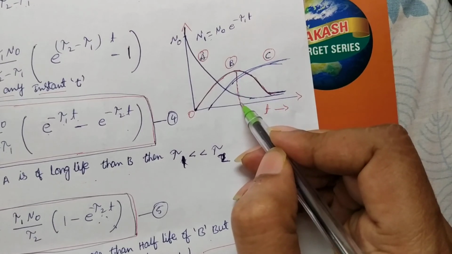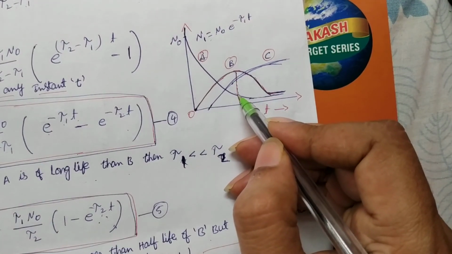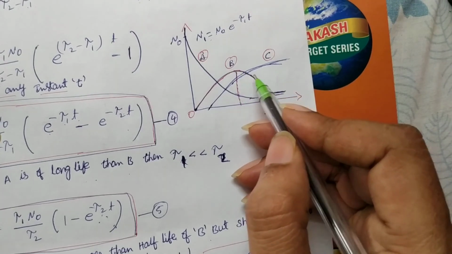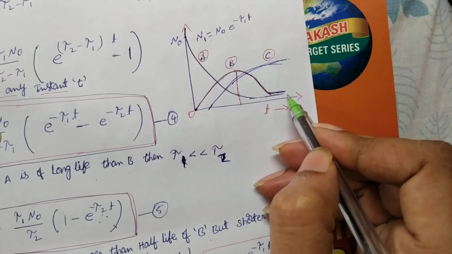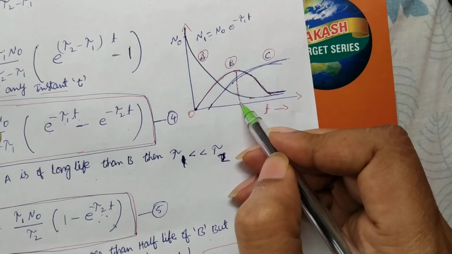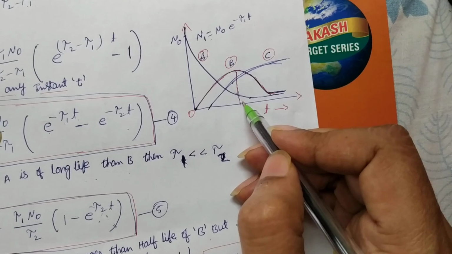After crossing this, the number of nuclei converted from A to B decreases and the number converted from B to C increases. Due to that, the number of nuclei of C increases and B decreases. That is the reason at this condition we can say B is in equilibrium, or the maximum number of nuclei of B is there.